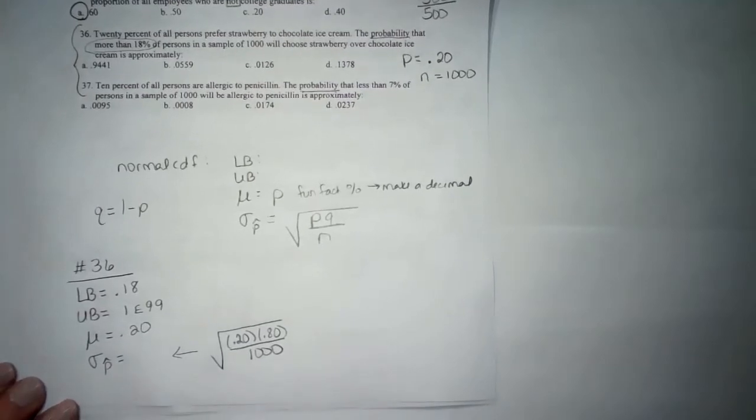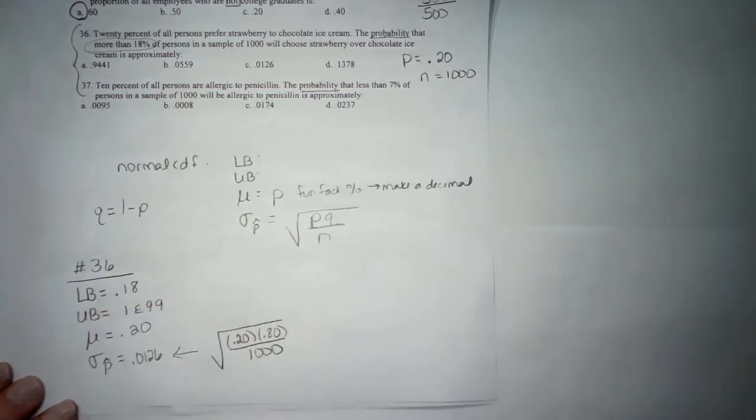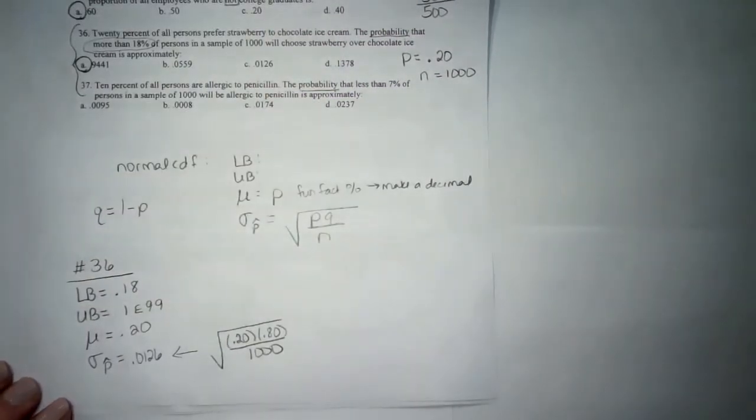Okay. And what did I get? I come up with 0.0126. And when I did that, I came up with 0.9441. All right. Does that sound okay? That's the toughest one. If students are going to get stumped, it's usually these last two.